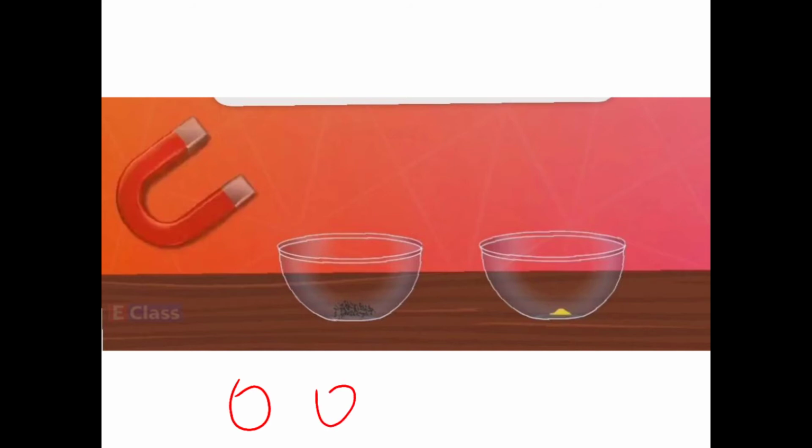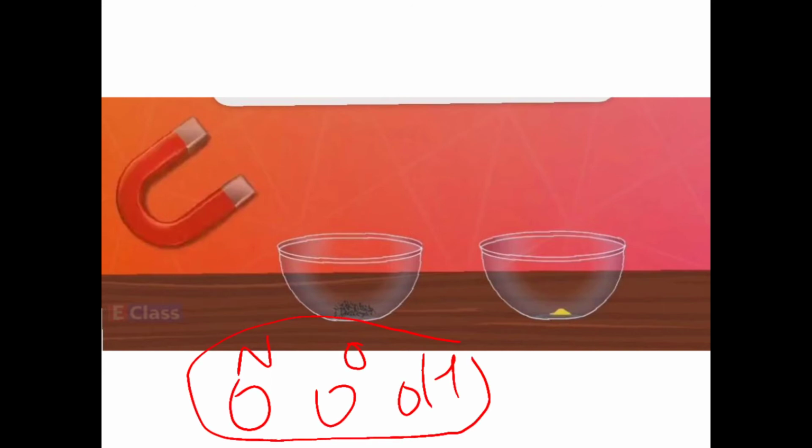Suppose this is an element, for example nitrogen, this is oxygen, and this is hydrogen. When you mix them all together, this will be a mixture. And if you take a proper proportion, you can get a compound also. So ultimately compounds and mixtures are both made up from elements only, isn't it? Now let us do some experiment.